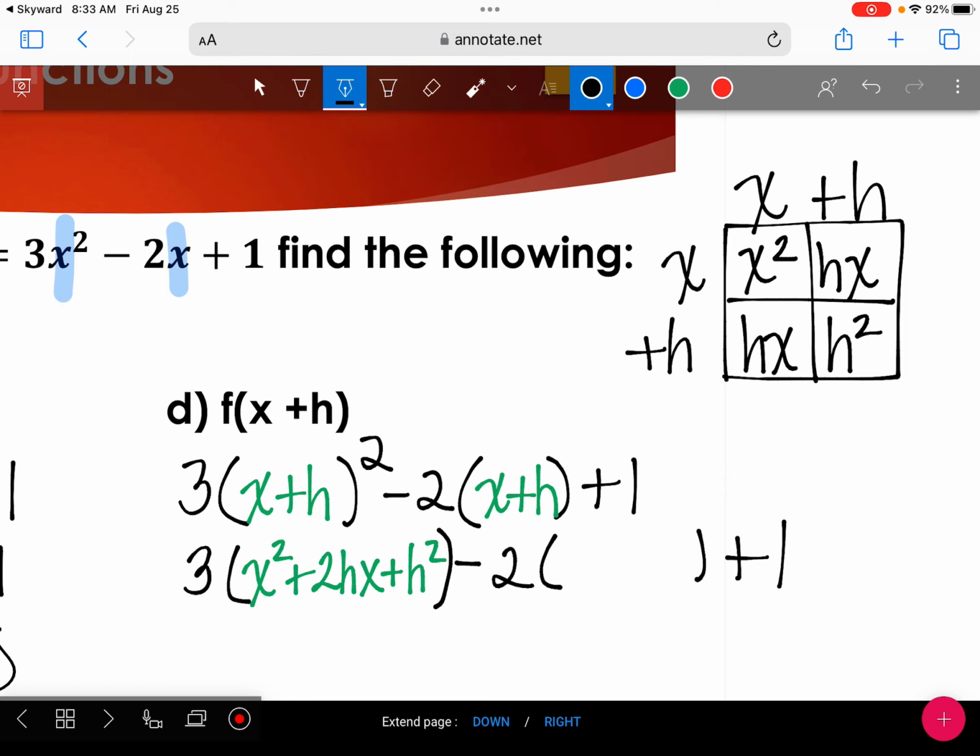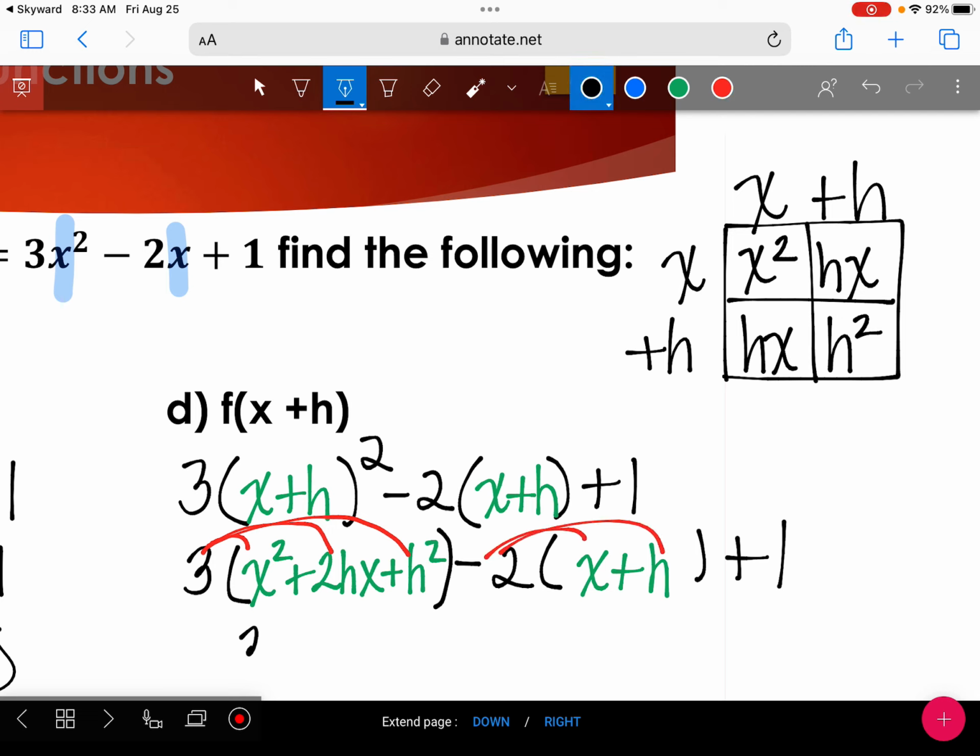And then in my second parentheses, I have just still the x plus h. Now what do you think we're going to do? Substitute or multiply? Not multiply yet, we're going to distribute. So let's multiply the first parentheses by positive 3. The second parentheses we're multiplying by negative 2.